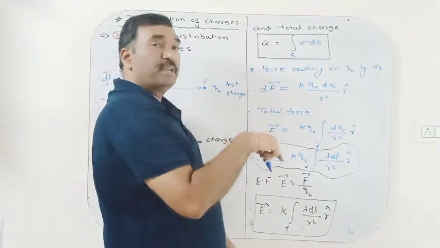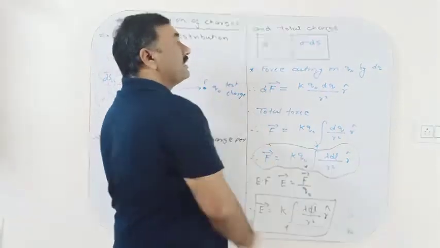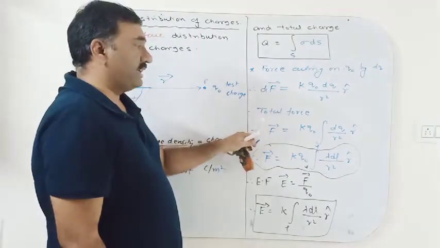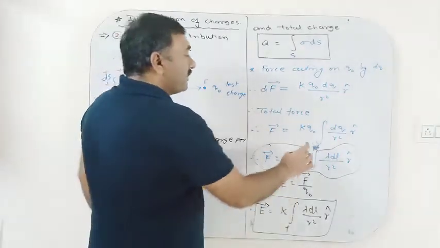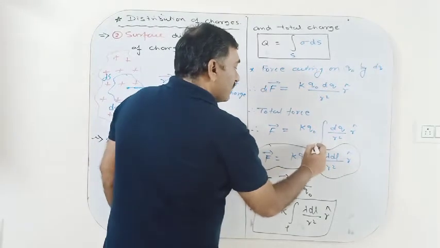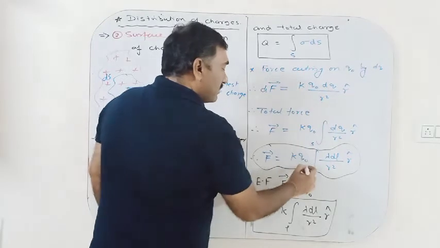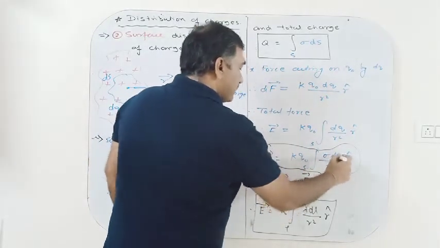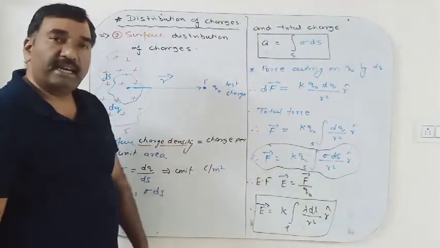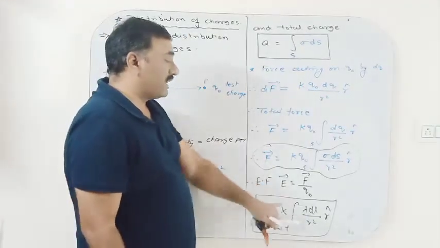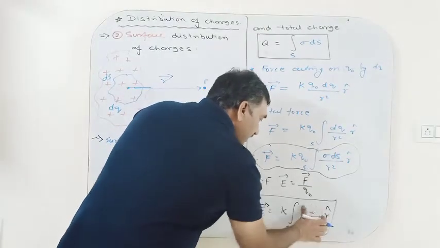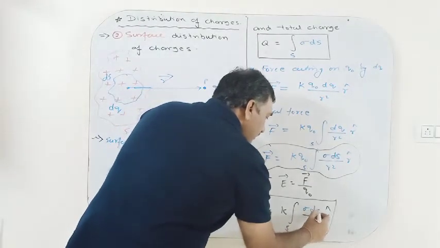In place of the line integral, we use the surface integral. The force acting on q naught due to dq remains the same. For the total force, we use the surface integral instead of the line integral, with sigma ds, and the formula for the electric force per unit charge remains the same, so again the surface integral of sigma ds.